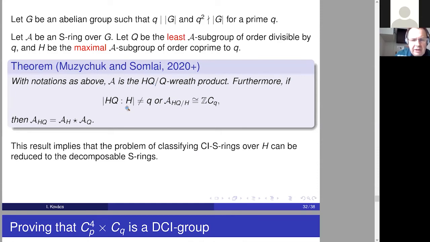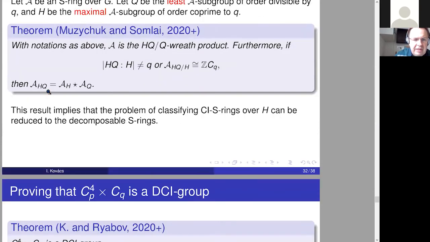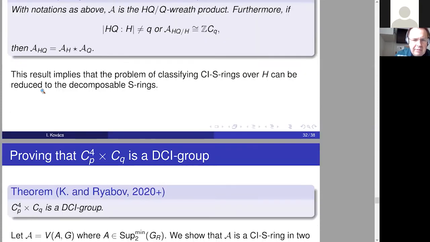Furthermore, under this condition, you can say that this S-ring is a star product. And this is very useful because in applications these groups are just the full group and you have a description of the full S-ring. So for example, this result almost immediately implies that the problem of classifying CI S-rings over such groups can be reduced to the decomposable S-rings.